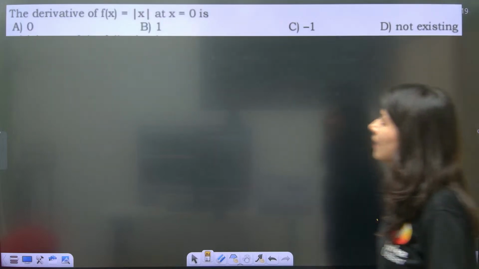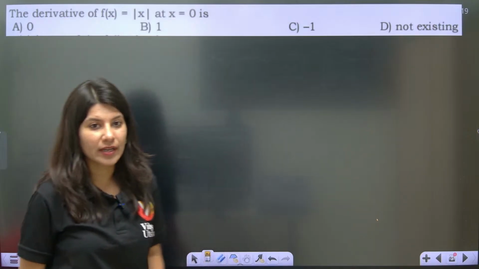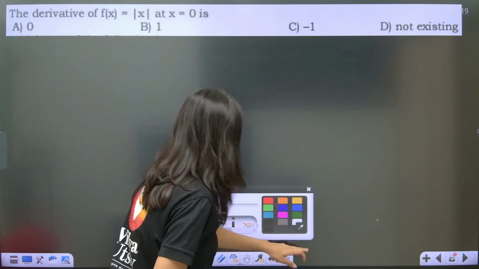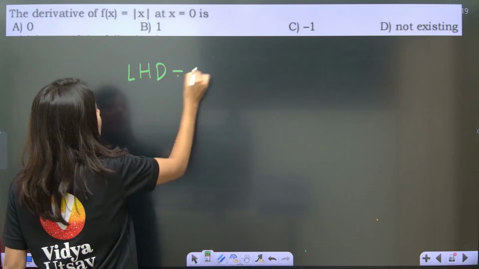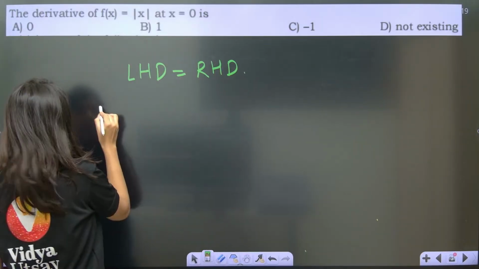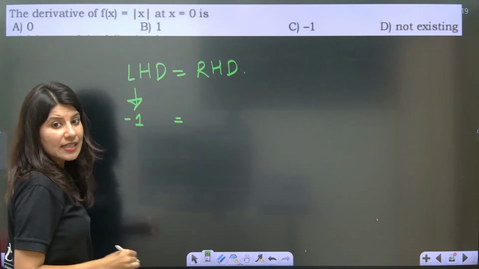Next question, derivative of mod x. So derivative of any function will exist if LHD is equals to RHD. Let me check. LHD we just calculated, minus 1. RHD, let's calculate.